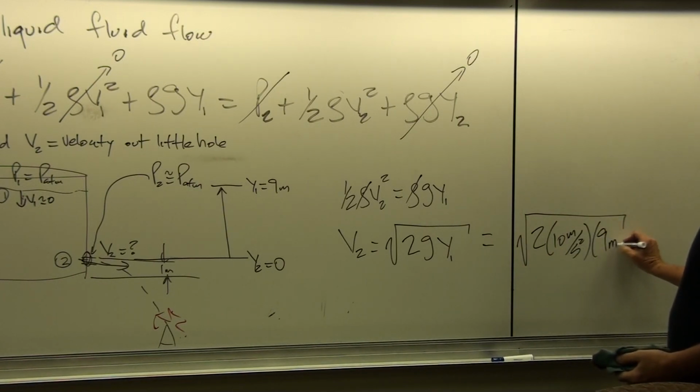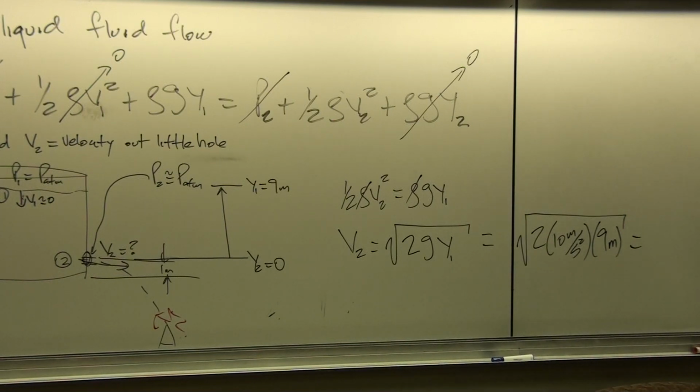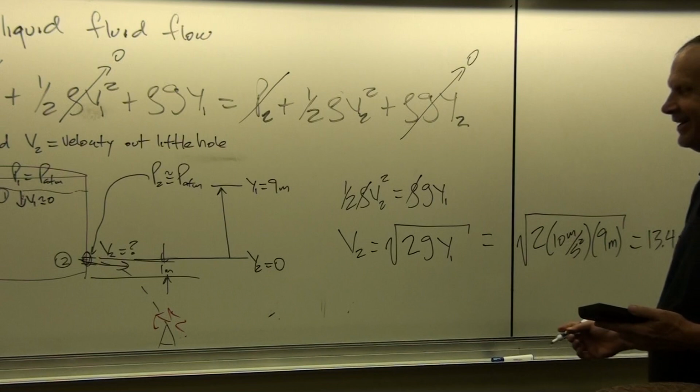Times 9 meters. Take the square root, and we get 13.4 meters per second. Now, interesting, and this would be about 25 miles an hour.